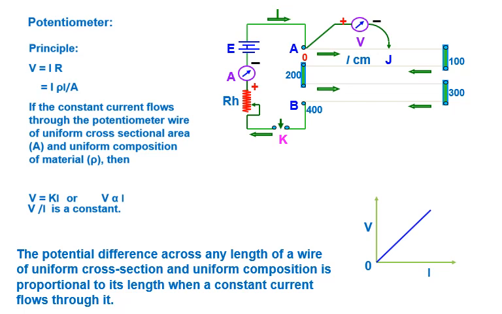So K equals V by L means the potential gradient, and hence its unit will be volt per meter, and the practical unit of potential gradient is volt per centimeter.